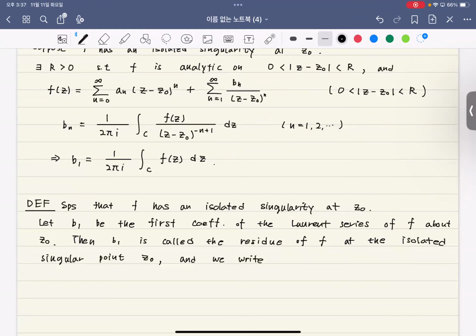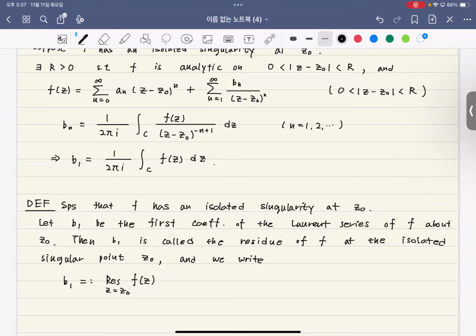We write b1 is Res at z = z0 of function f(z).